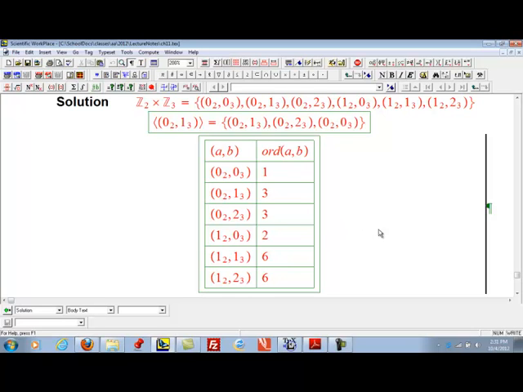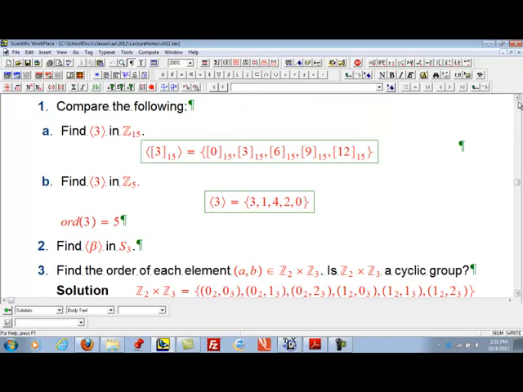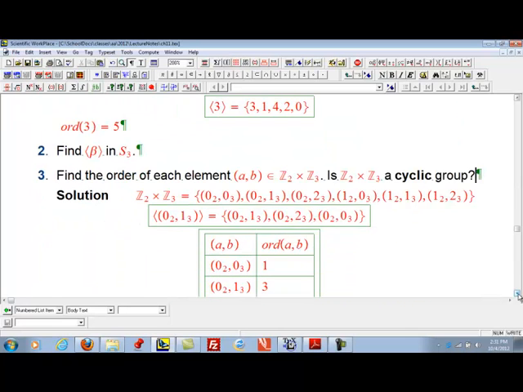The question is, is Z2 cross Z3 a cyclic group? Needs one generator for all of its elements. No. Yeah, it will.